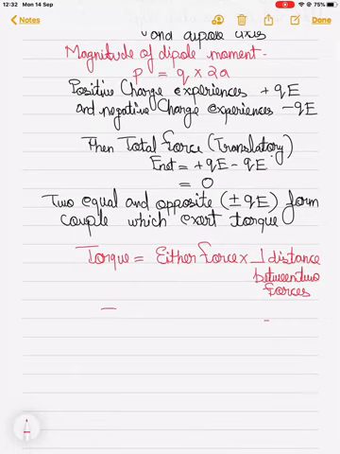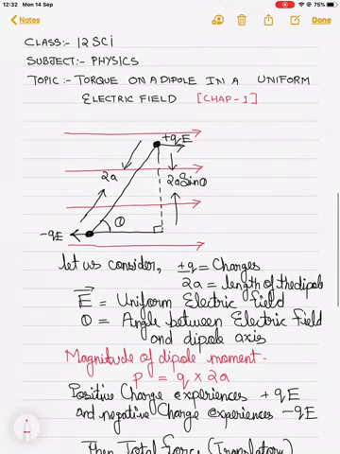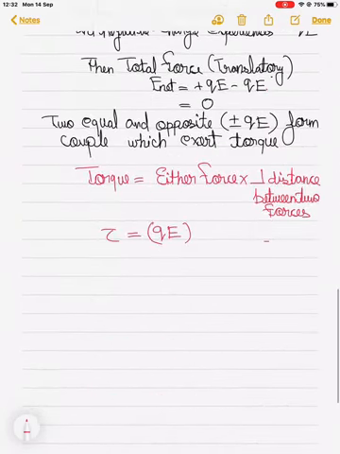So torque is represented by this symbol. So the magnitude of either force is what? It is QE. And what is the perpendicular distance? As you can see here, it is 2a sine theta. So torque is equal to QE into 2a sine theta.